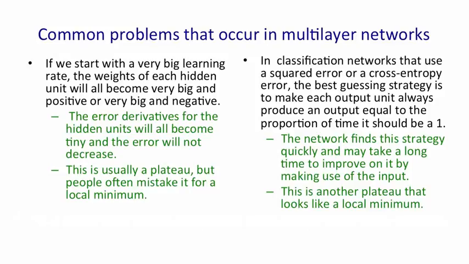But particularly if the network has many layers, it may take a long time before it improves much on that. Because to improve over the guessing strategy, it has to get sensible information from the input through all the hidden layers to the output. And that could take a long time to learn if you start with small weights. So again, you learn quickly, and then the error stops decreasing, and it looks like a local minimum, but actually it's another plateau.